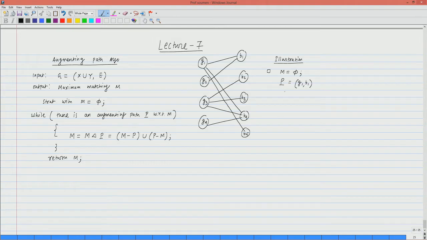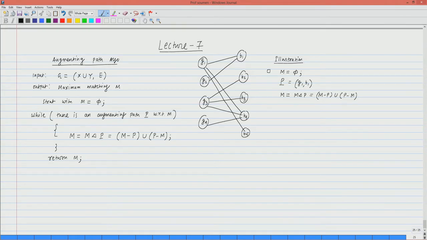Now you update your M. M is M symmetric difference P, that means M minus P union P minus M. Here M minus P is, M is null, so M minus P is also null, and P consists of G1 B1 and M is null.